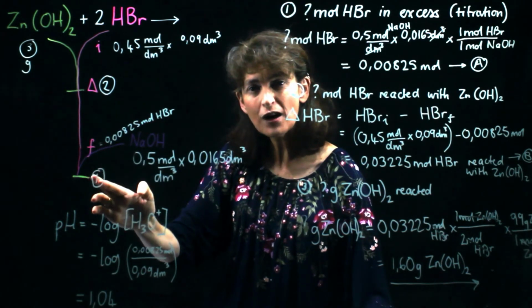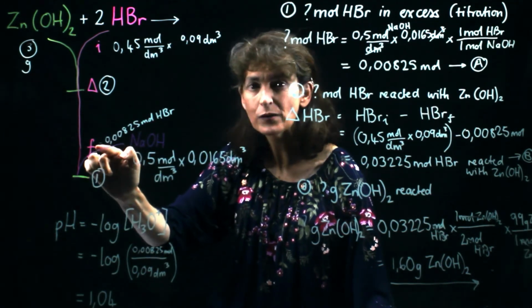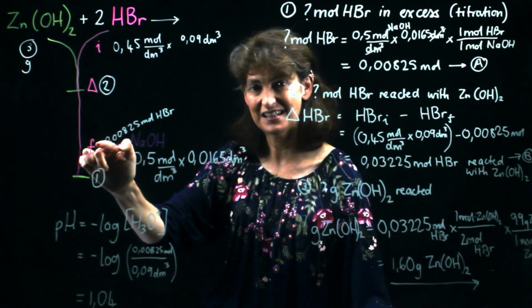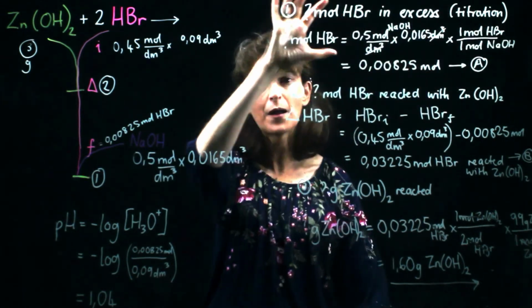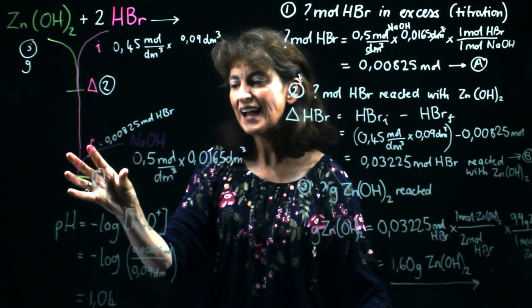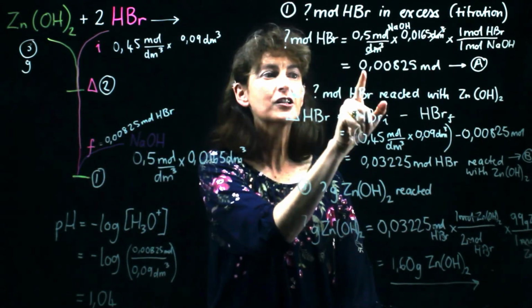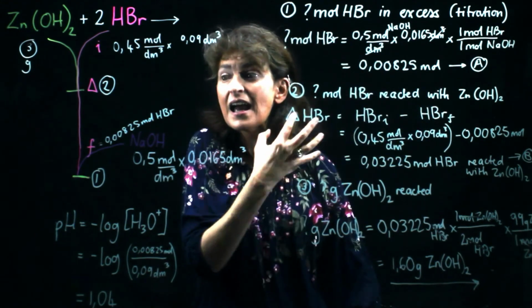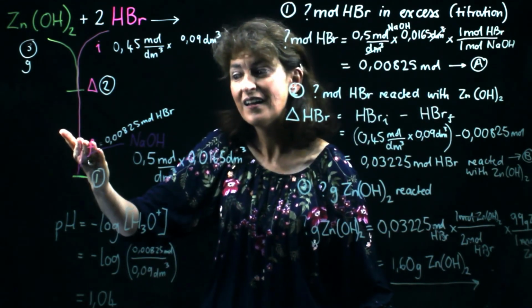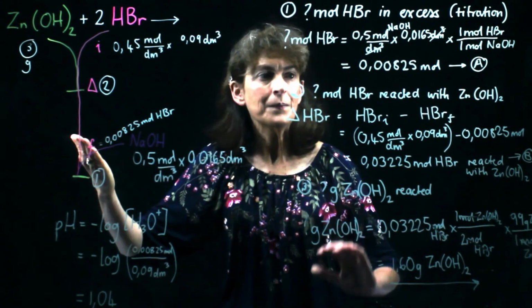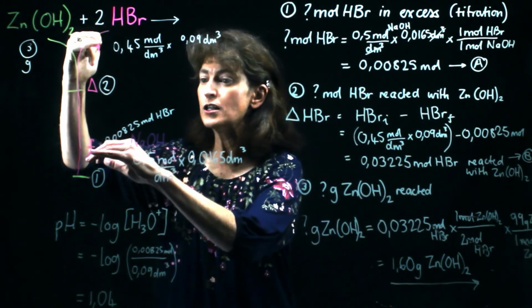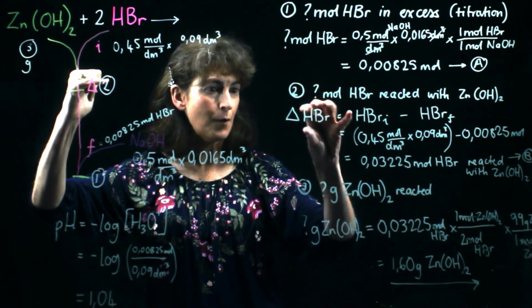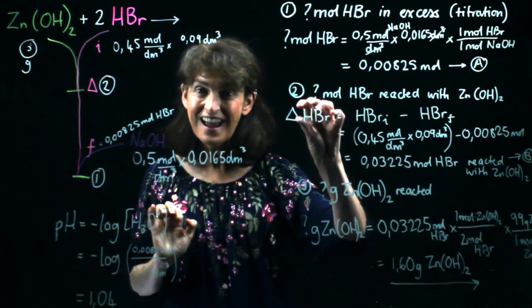We perform a titration to tell us about how much there was in excess. And from the titration information, we can then calculate, therefore, how much HBr must have been there in excess. Then we use our subtraction between initial and final to then work out, well, how much HBr actually reacted.